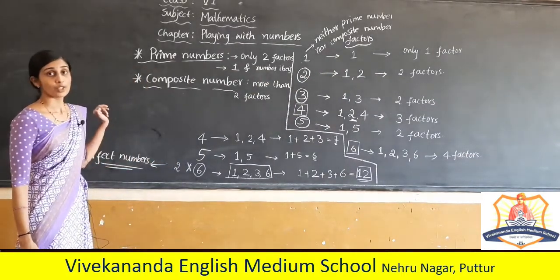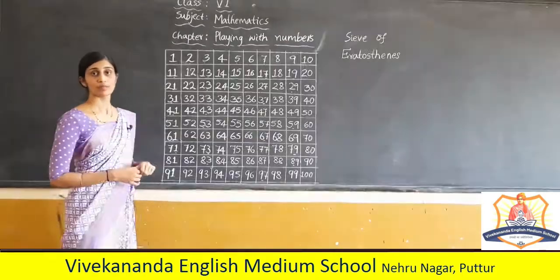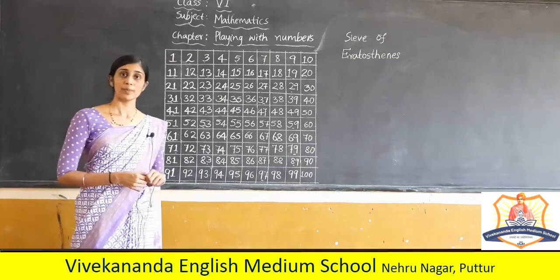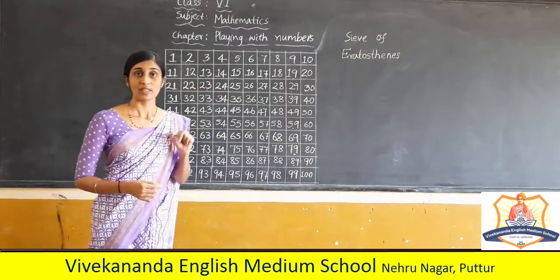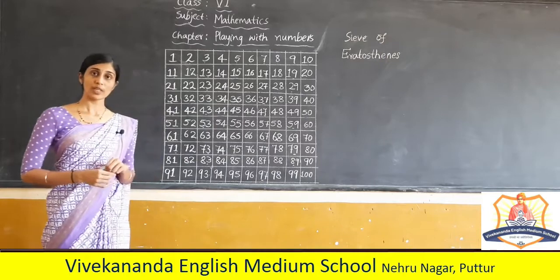So, I hope the topic is clear to you, prime numbers and composite numbers. Dear students, what are prime numbers? Prime numbers are the numbers which have only two factors. They are 1 and the number itself. What are composite numbers?